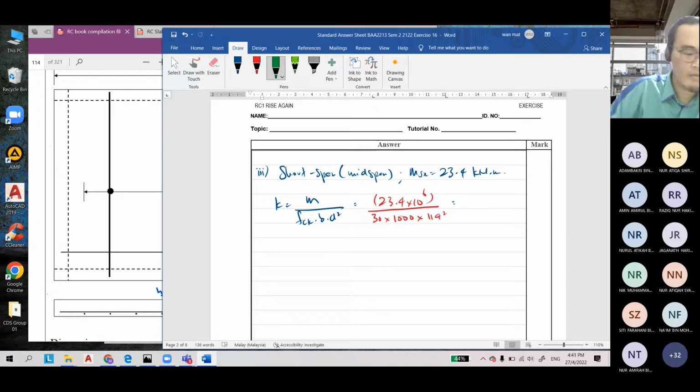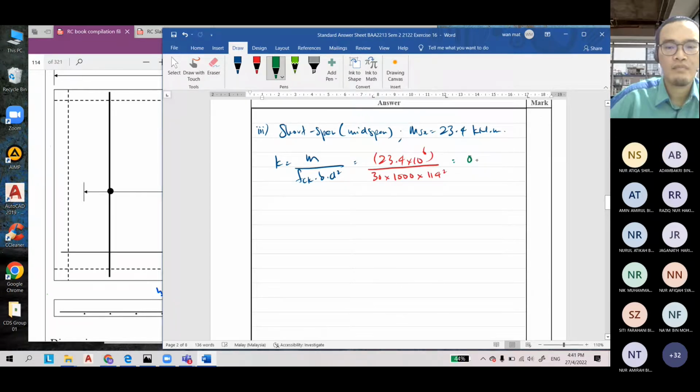Okay, help me. 0.060. 0.06 is lesser than 0.167. So this is singly reinforced.